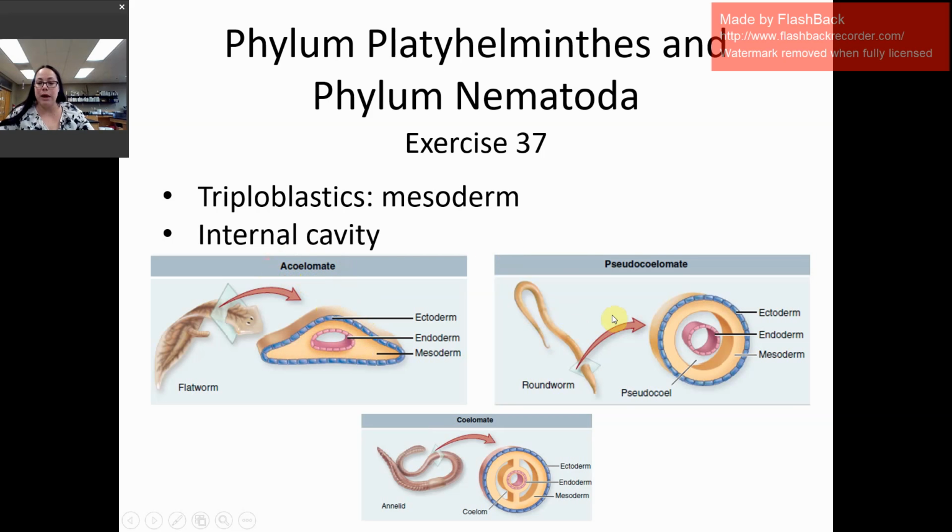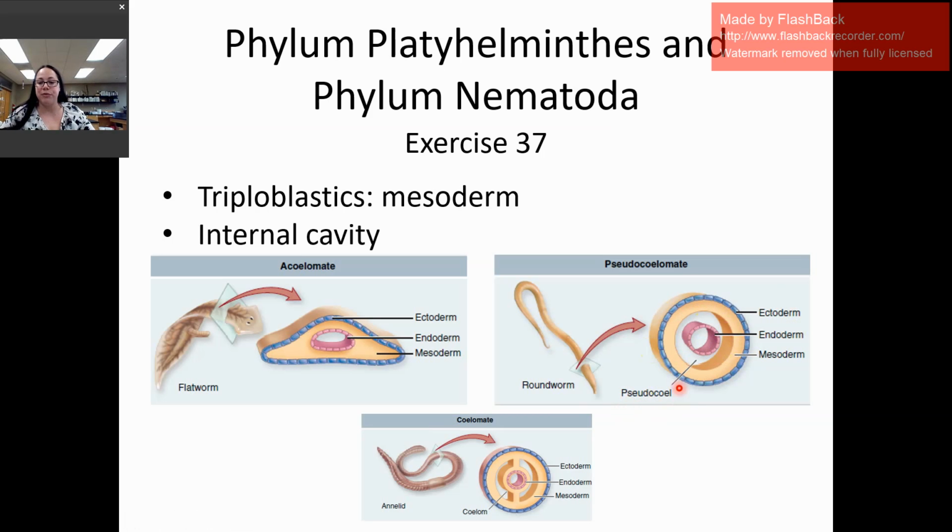In the roundworm, there is a body cavity, but it's not located inside the mesoderm. It's located in between the mesoderm over here and the endoderm over here. You see the space here. This is the body cavity. Because it's not inside the mesoderm, we don't call it a coelom, but a pseudocoelom, because it's almost a body cavity, not a proper one, so that's where the name comes from.